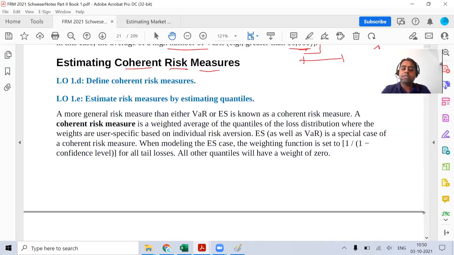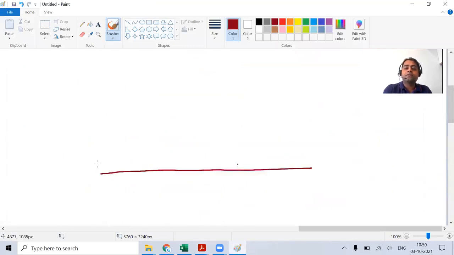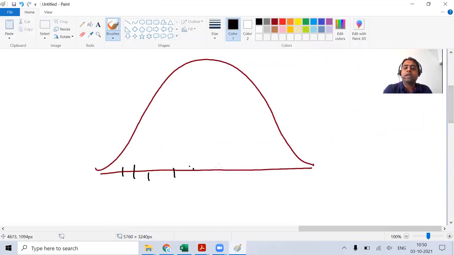What they're talking about is that when you have the return distribution, there are certain data points standing over here. If you want to find VaR or any risk measure, you are going to take all these data points and give weightage to all of them.